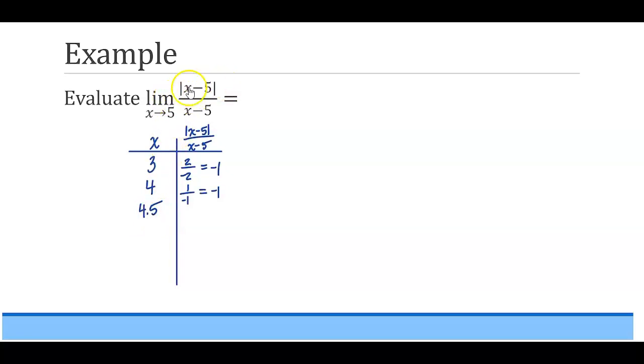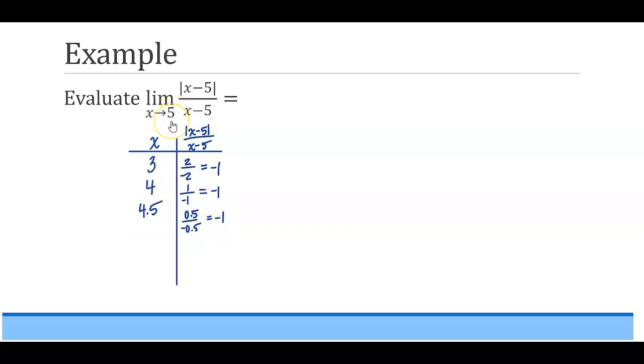In the numerator, the absolute value of 4.5 minus 5 is positive 0.5, over 4.5 minus 5, that's negative 0.5. So that's the same value divided, but one's positive, one's negative, that's still negative 1. So it would appear that from the left side of 5, my y values are always negative 1.